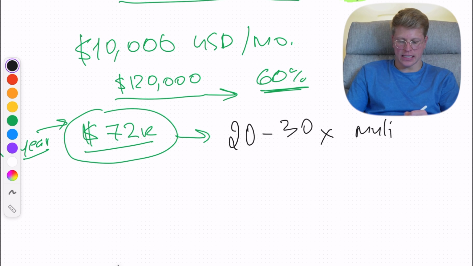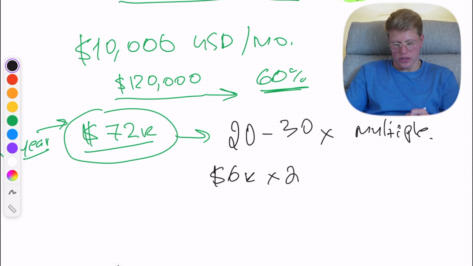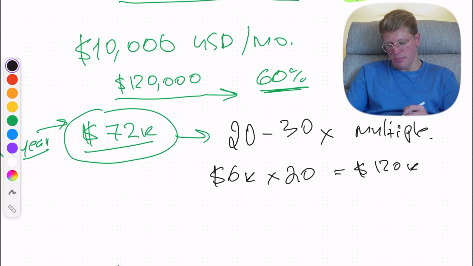Now, this is, of course, in months, right? So this is in months. So if your business is making $6,000 per month, and then we multiply it by 20, that's going to be about $120,000. And by 30 is going to be about 180,000, right?